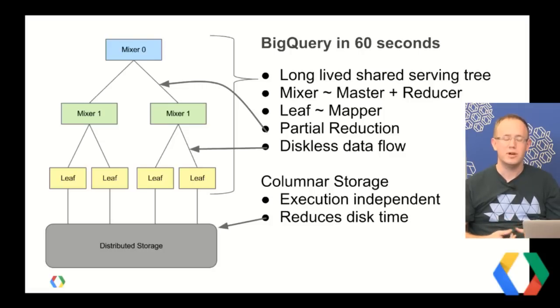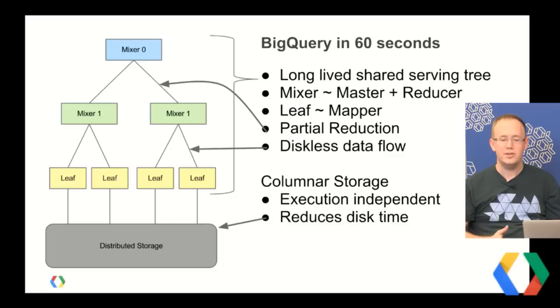We're not reading and writing from the distributed storage throughout the process, as is typically done in a MapReduce-based algorithm. What's also important here is this is a long-lived serving tree. This serving tree exists for all of your queries as a customer, and also exists for the queries of other customers. So it sits around ready to process your queries very quickly.